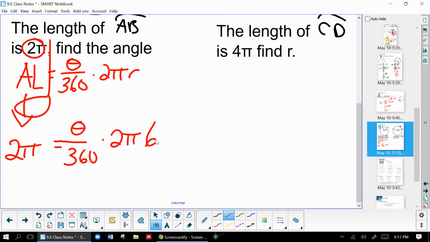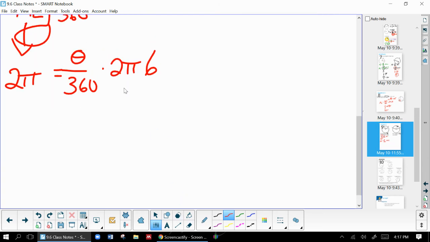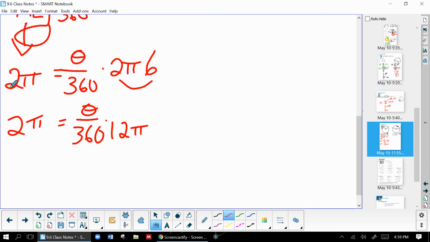So now I can start working on simplifying just a little bit if I can. A couple of things I could do here. I could multiply my 2 times my 6. But what I probably do not want to do here is actually simplify this theta over 360 times 12 pi.